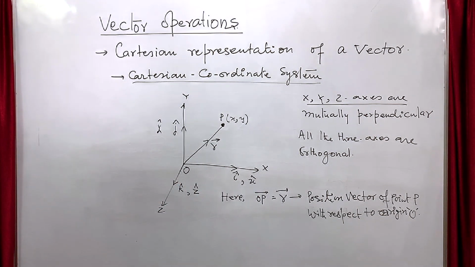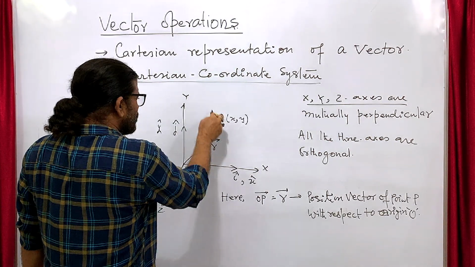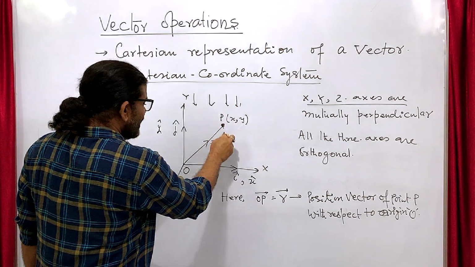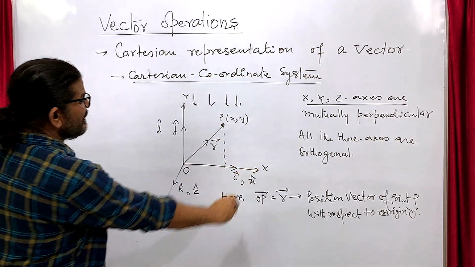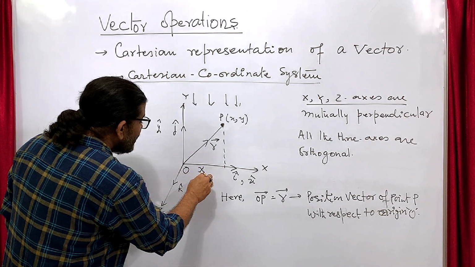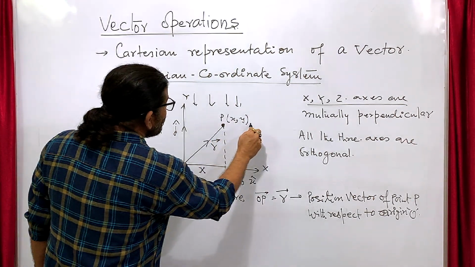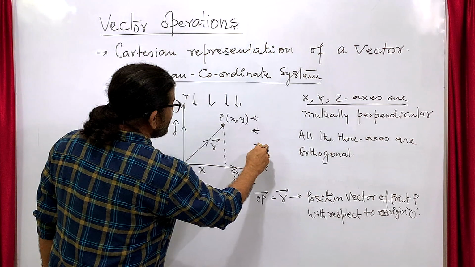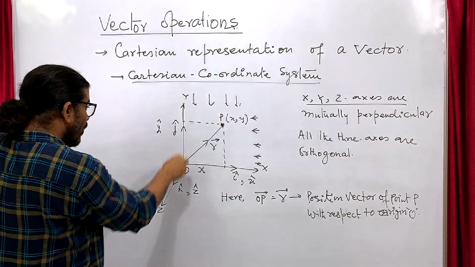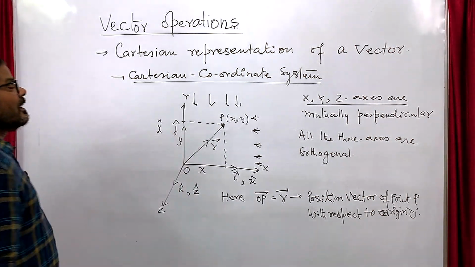Now see, if you draw the projection of this, projection means if you put light from this side, then a shadow is cast on this x-axis, which will define its x component. And if you focus light from this side, then the shadow or projection of this OP on the y-axis represents the y component.